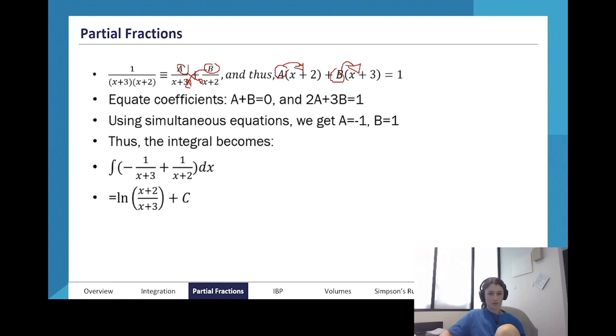And from here, we're going to use simultaneous equations, these two equations here, and we are going to find that A equals -1 and B equals 1.